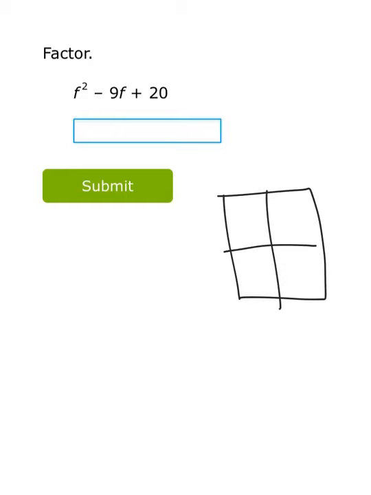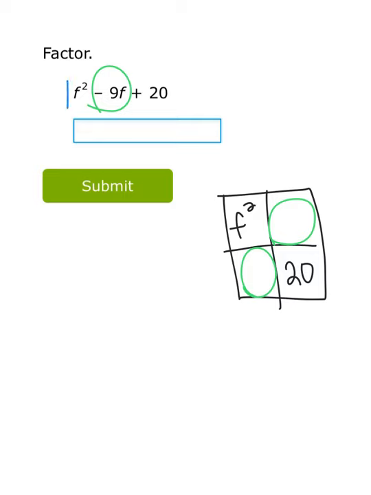I put my first term, f squared, in the top left, and my last term, 20, in the bottom right. Then I need to figure out what two numbers would go in this diagonal to add up to negative 9f.